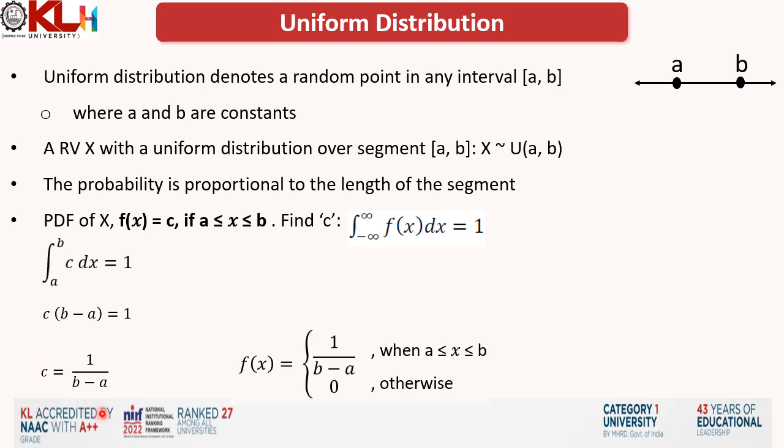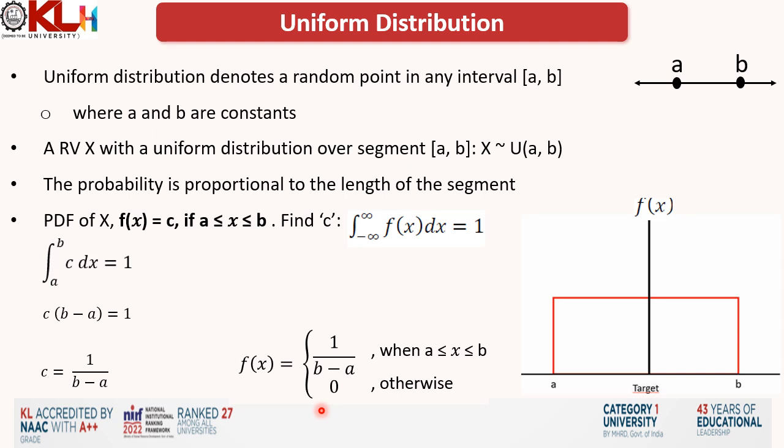So the PDF for a uniform random variable is 1 over b minus a when x is between a and b, and 0 otherwise. The uniform random variable looks like a rectangle over the interval a and b because the probability is constant, 1 over b minus a, over the interval.